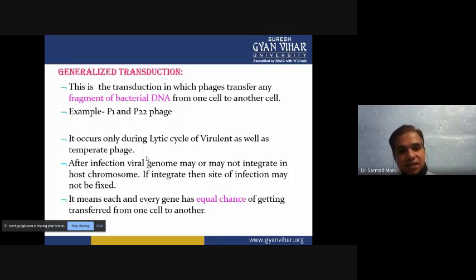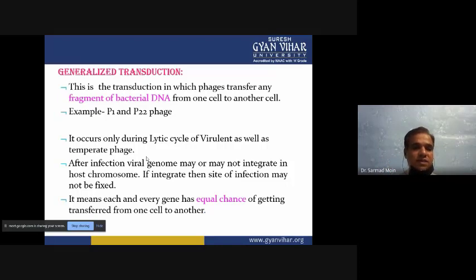If it is integrating, then it will go for the lysogenic cycle. If it is not integrating, it will replicate, and they will synthesize new bacteriophages, and they can carry genes from one organism to another organism, then the lytic cycle will be there.